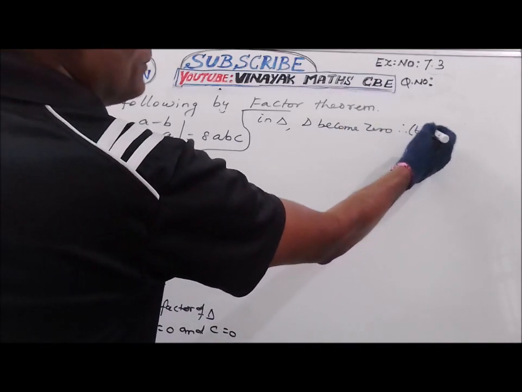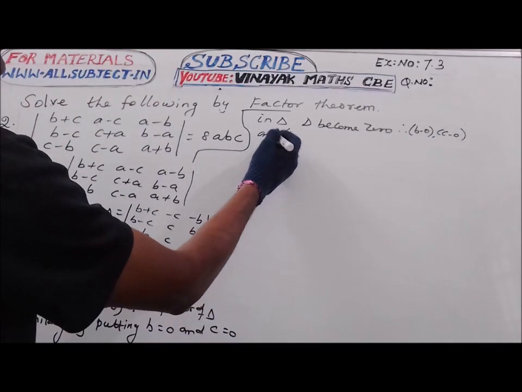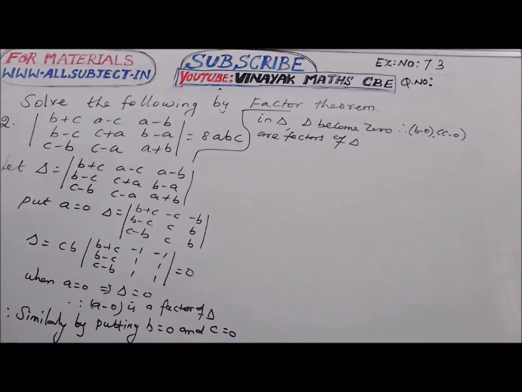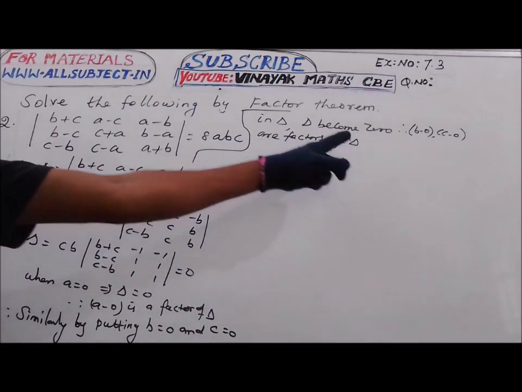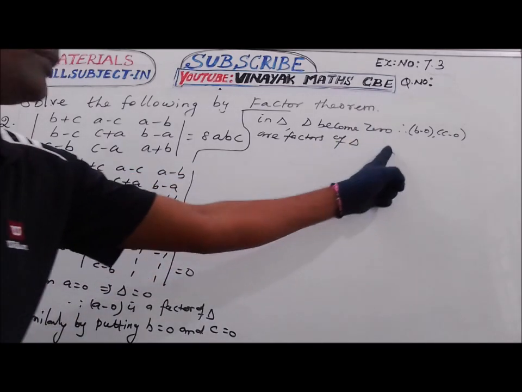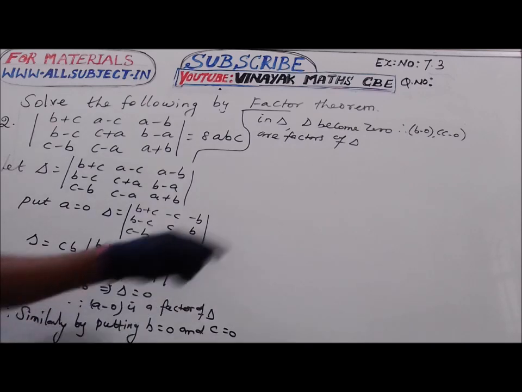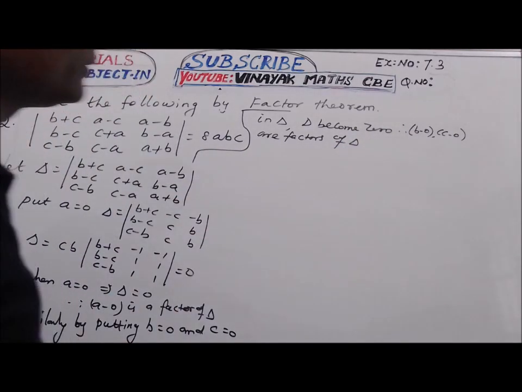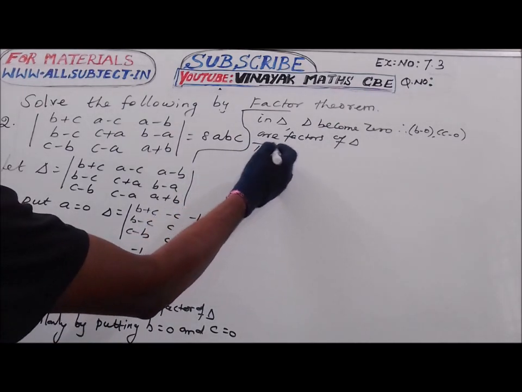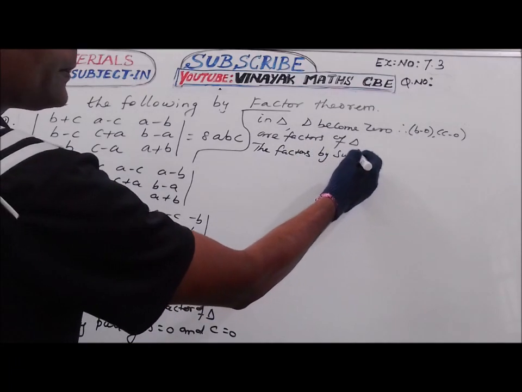Therefore, B minus 0, C minus 0 are factors of delta. That means B minus 0 and C minus 0 are factors of delta. So A minus 0 is A, B minus 0 means B, C minus 0 means C. Therefore, we have found the factors by substitution.